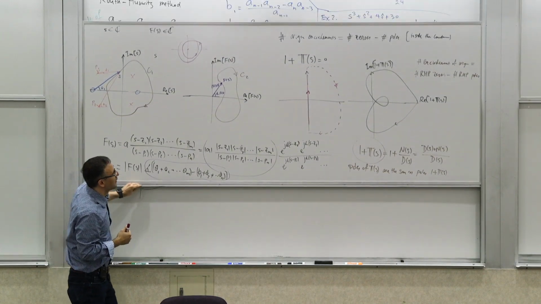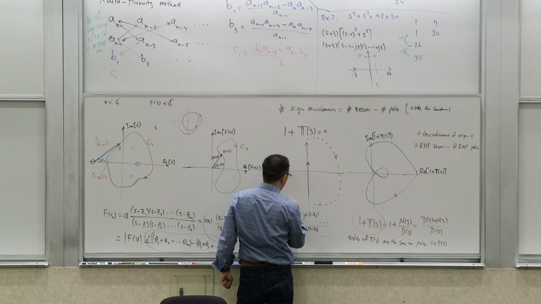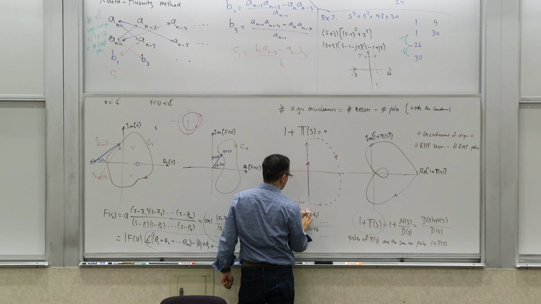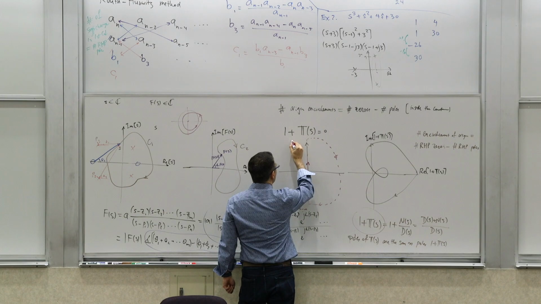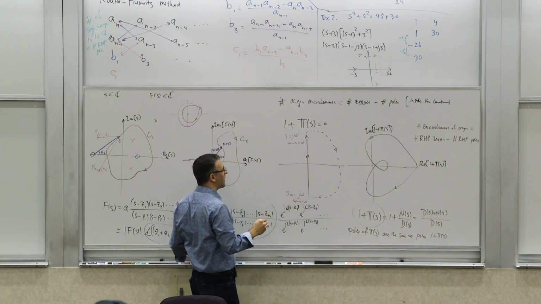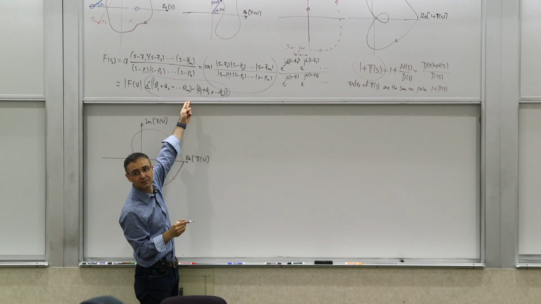Remember, the contour you picked is basically for s being j omega, for omega going from negative infinity to positive infinity. So you're sweeping omega from negative infinity to positive infinity, just the imaginary part of it.